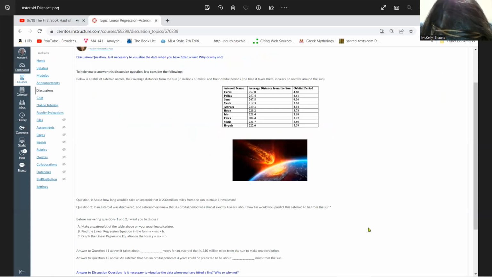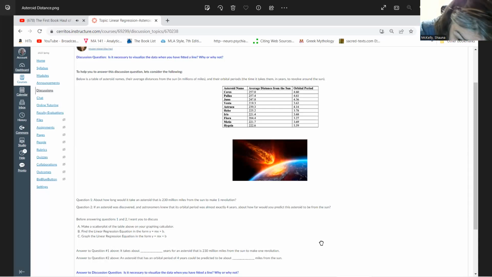answer question 1. It takes about how many years for an asteroid that is 230 million miles from the sun to make one revolution?